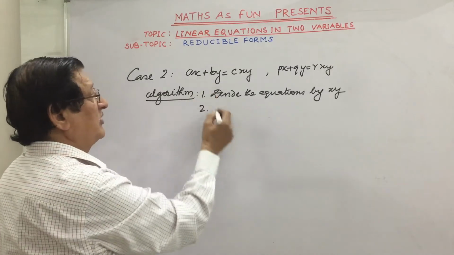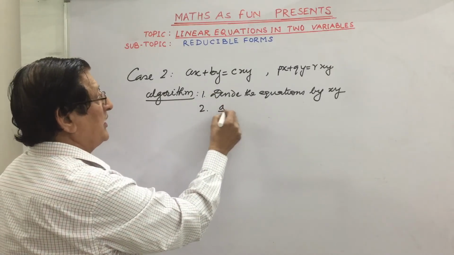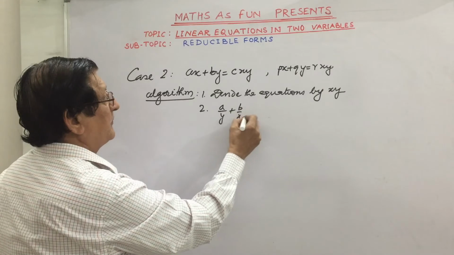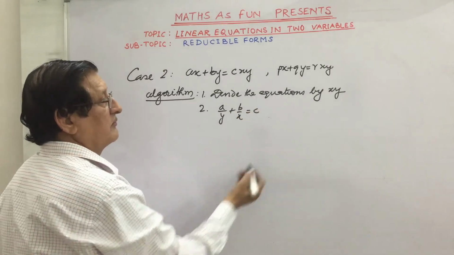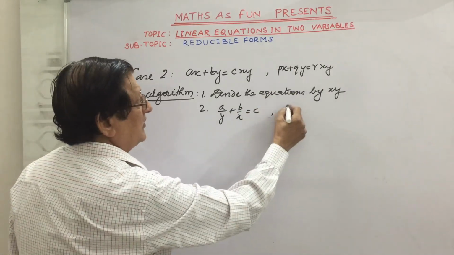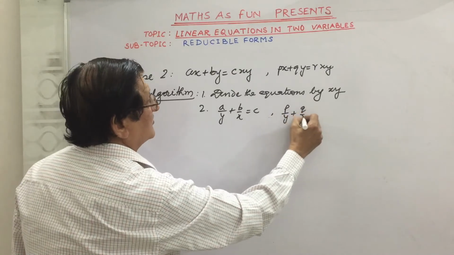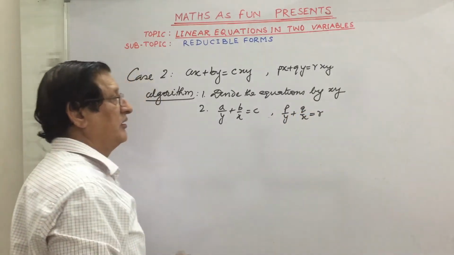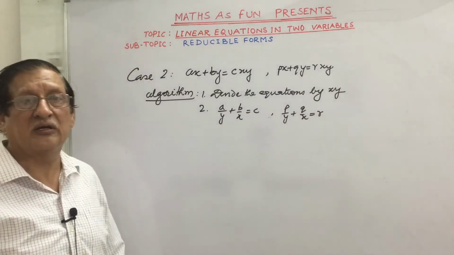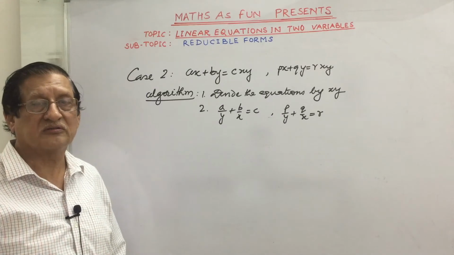Then the equation will be in the form of a upon y plus b upon x equal to c, and the second equation will be p upon y plus q upon x is equal to r, and then we can do it just like the first case.